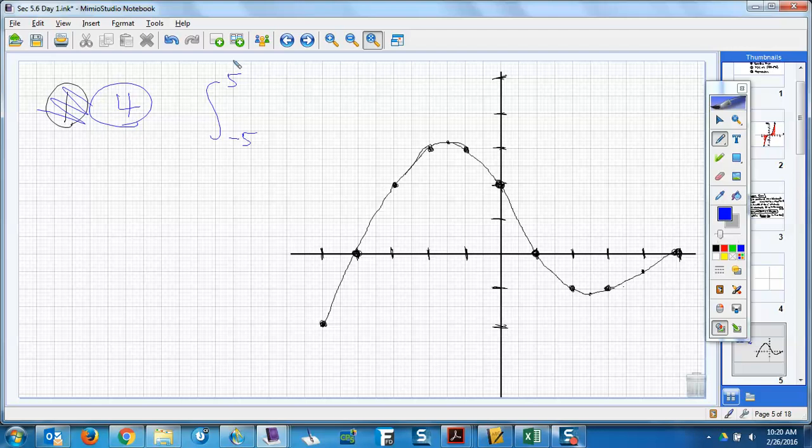And what we want to eventually be able to do is to write them out without having to have the picture, right? But yet, in our head, as we're writing them out with the f, when we write f of -5, we understand that's the y value at -5, and that is the height of a rectangle, or it is one side of a trapezoid, right? Do we understand that?